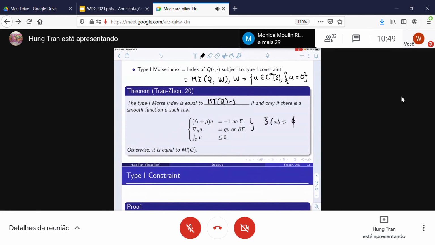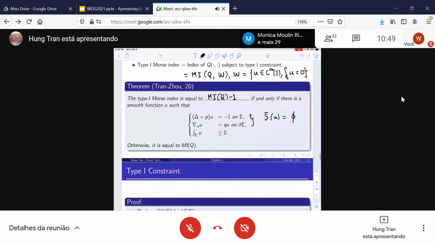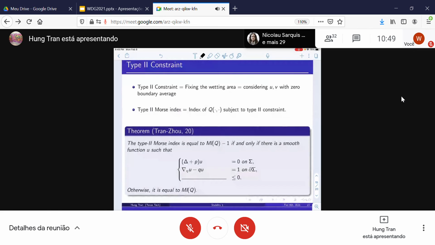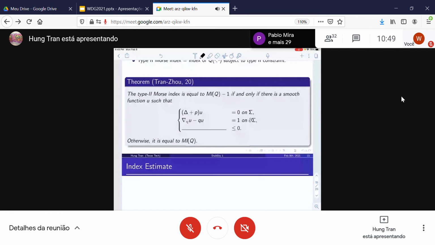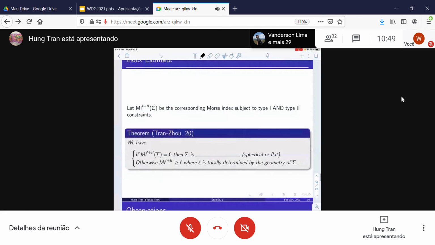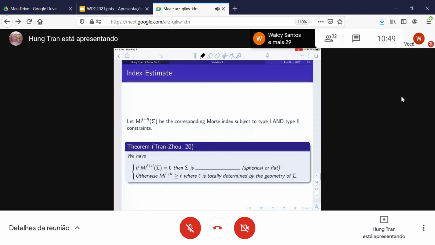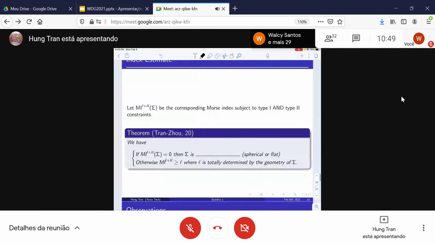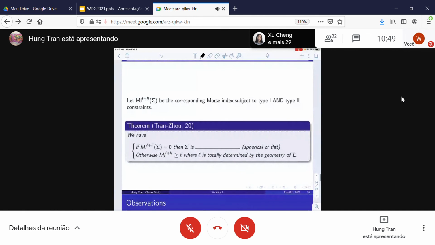Then we have a similar theorem for the type 2 constraint, and you can imagine that we're just switching the roles of the interior and the boundary here. And now the last theorem I would like to present is the index estimate.